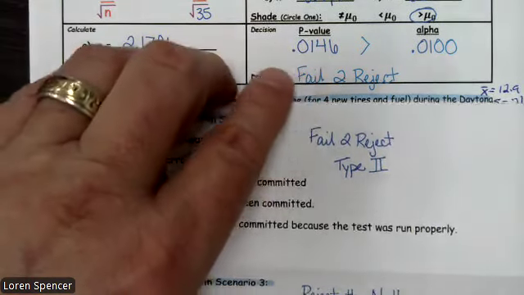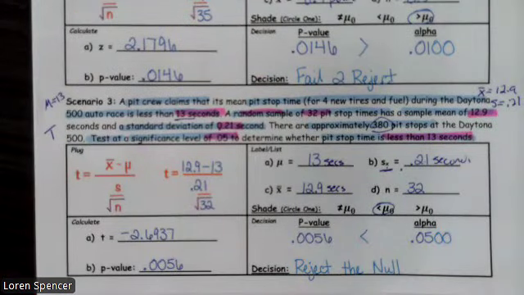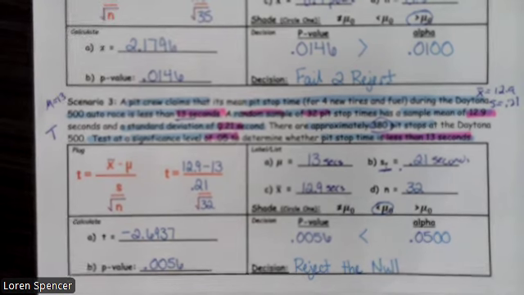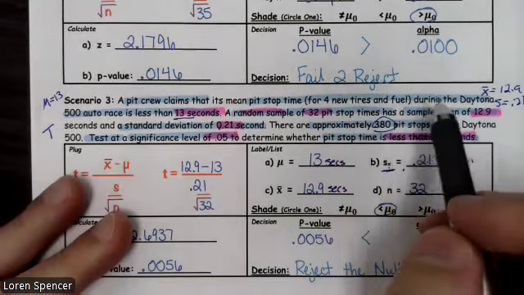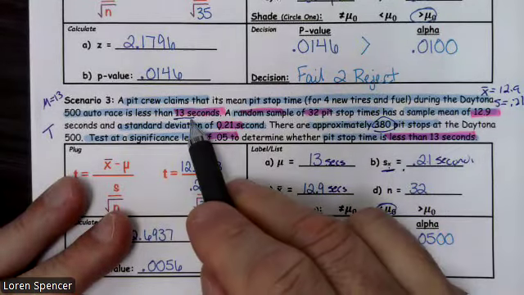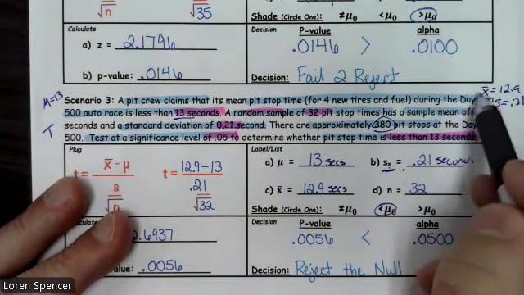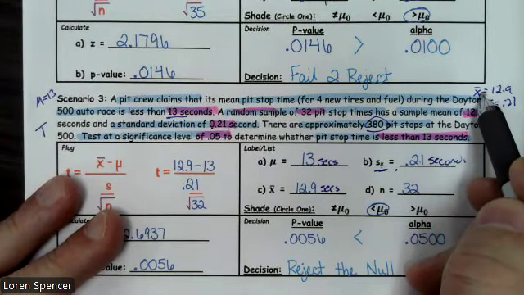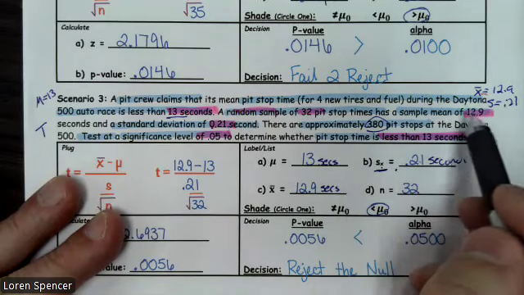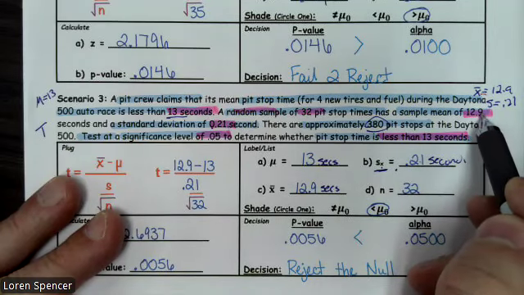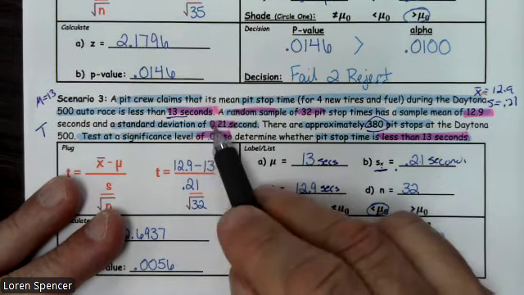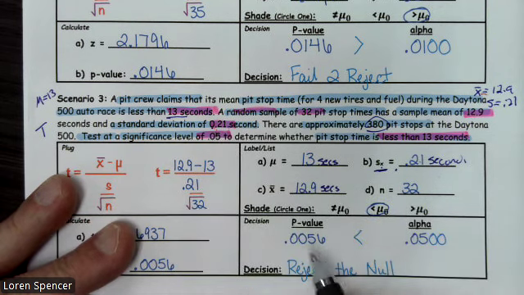All right, looking at scenario 3. A pit crew claims that its mean pit time during the Daytona is less than 13 seconds. They had a random sample and found a sample mean of 12.9. Now this ended up being a t statistic because we had a sample standard deviation. Sample standard deviation makes us a t, so this one's a little bit different.